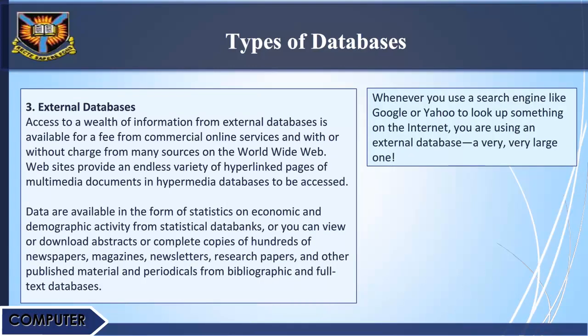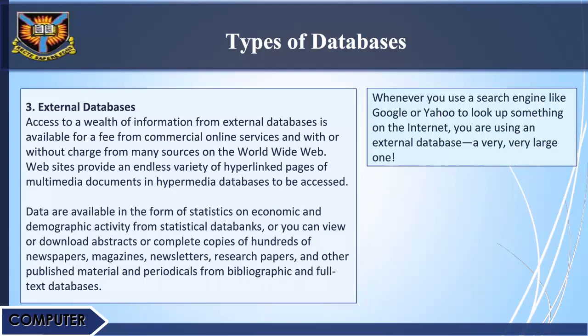External databases. Access to a wealth of information from external databases is available for a fee from commercial online services, and with or without charge from many sources on the World Wide Web. Websites provide an endless variety of hyperlinked pages of multimedia documents in hypermedia databases to be accessed.